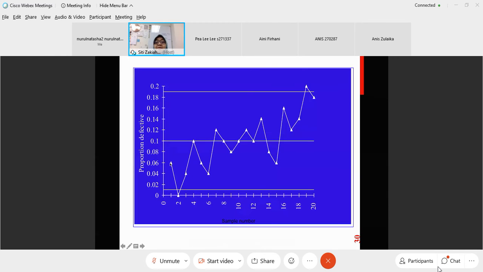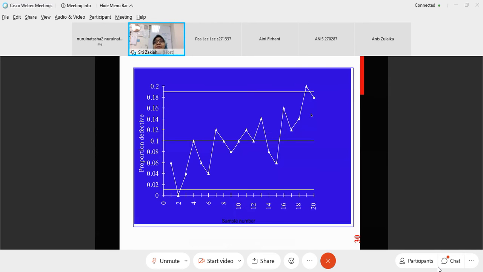So we plot. Remember you get the proportion defectives, right? Here is where you plot. You look: is the process in control or out of control? Are there any points above or below the control limits?